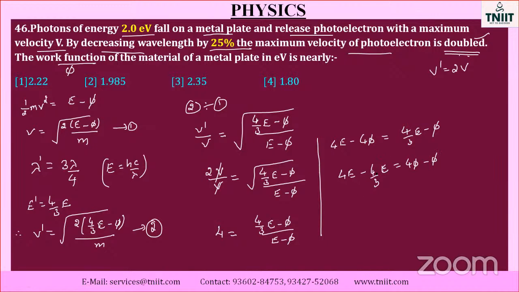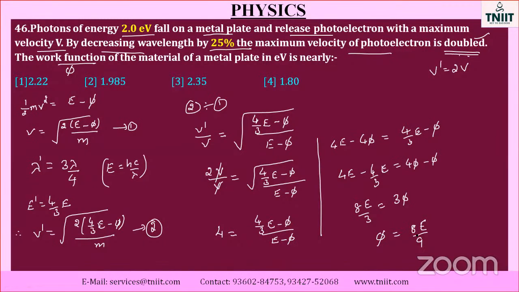So 4 times 3 is 12, 12E minus 4E, that is 8E/3, is equal to 3 phi. So what is the work function? It will be 8 times E divided by 3 times 3, which is 9. So the work function is 8/9 times E.